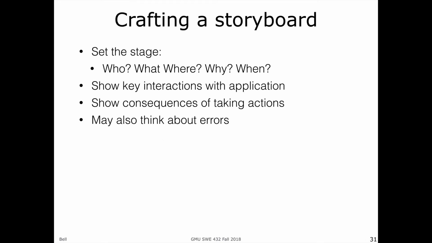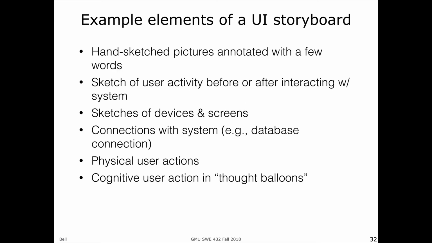That's how we build storyboards. Start out by setting the stage, the who, what, why, when, where. We show key interaction with the application and importantly, consequences of taking actions and maybe errors. What goes in our storyboards? We have hand-sketched pictures, just like the sketches maybe that we're building otherwise, with a few words drawn on them perhaps.